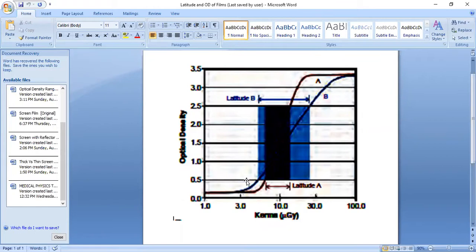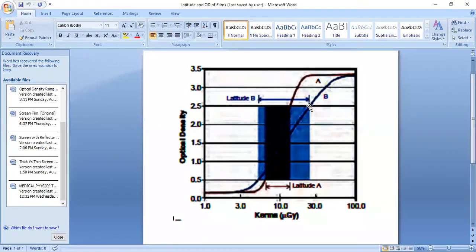For you to be able to measure optical density of 0.5 to 2.5, curve A is going to only accommodate this range of exposure values. As you can see, it's around maybe 5 microgray to around maybe 15 or so microgray.